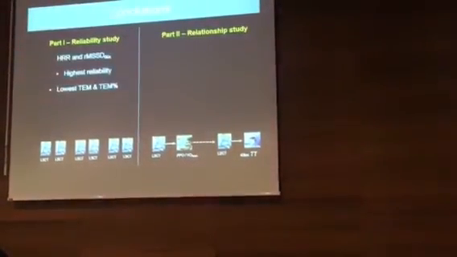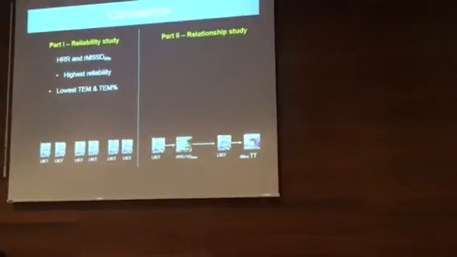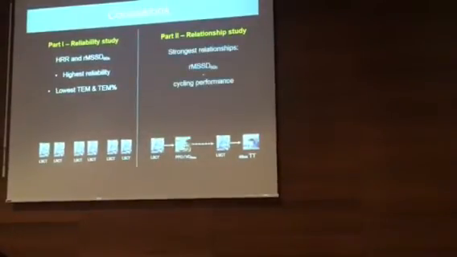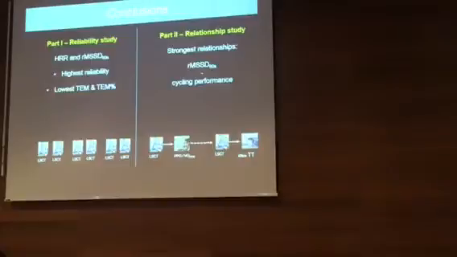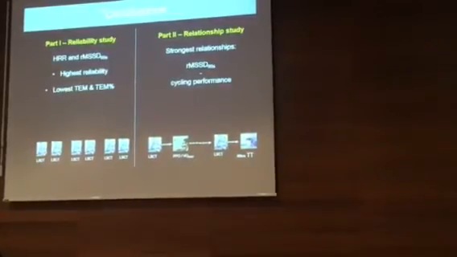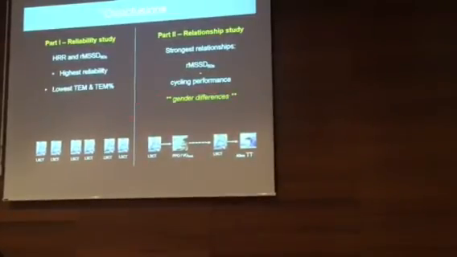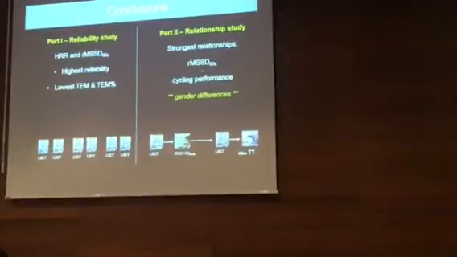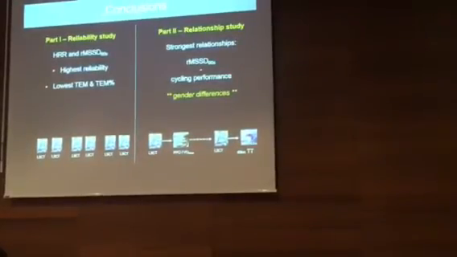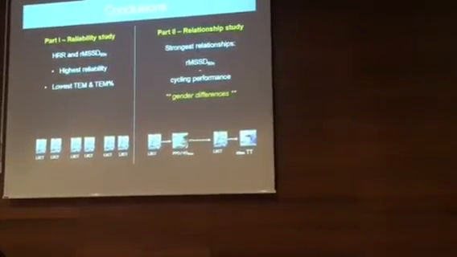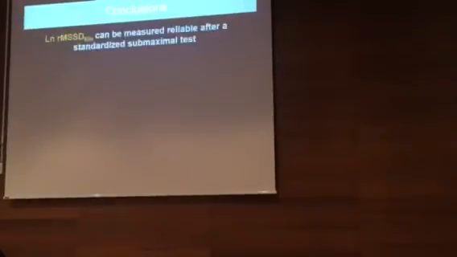Conclusions: I think the highest reliability we found was in heart rate recovery and RMSSD. The strongest relationships were found with 60 seconds RMSSD and cycling performance. However, we need to remember the gender differences between those two factors, so you need to keep that in mind.